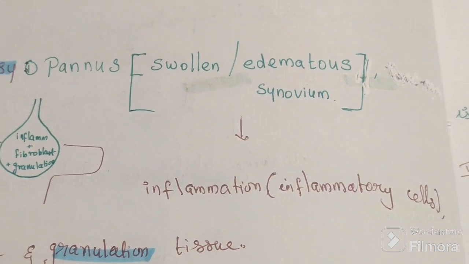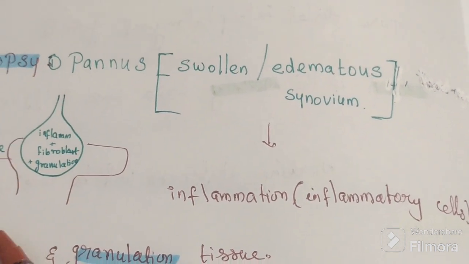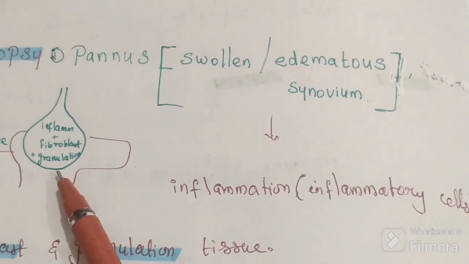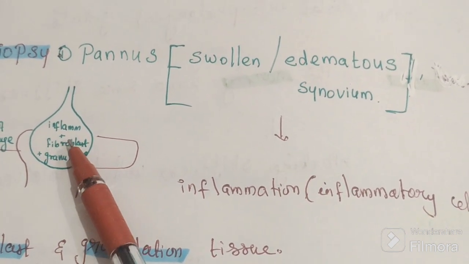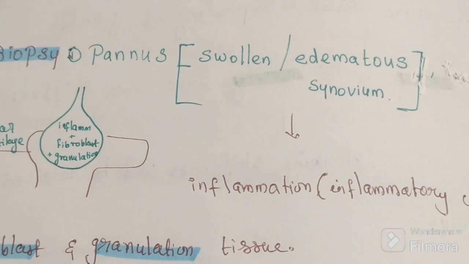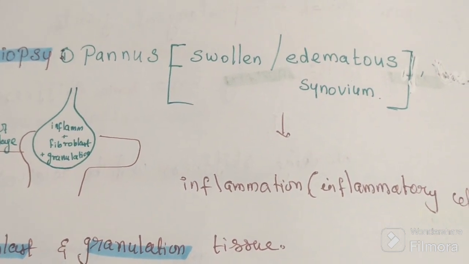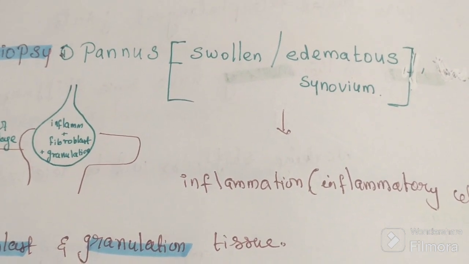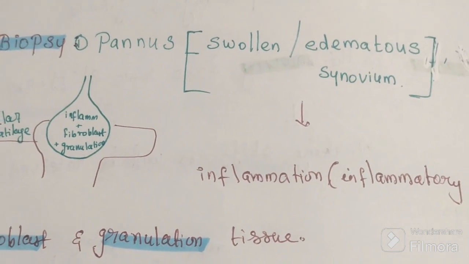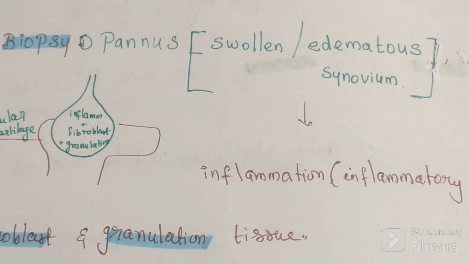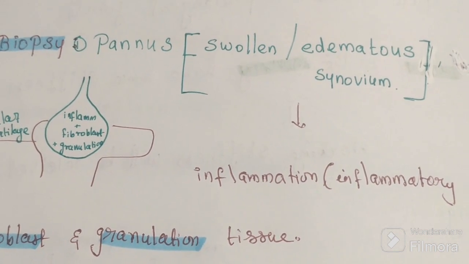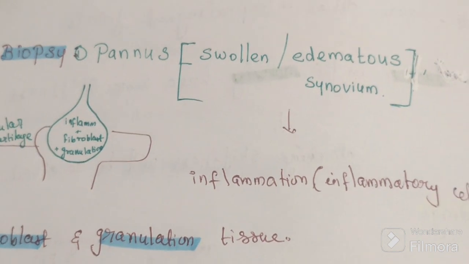What is present inside this swollen synovium? Inflammation: there are inflammatory cells, fibroblasts and granulation tissue. These three things are present in pannus.